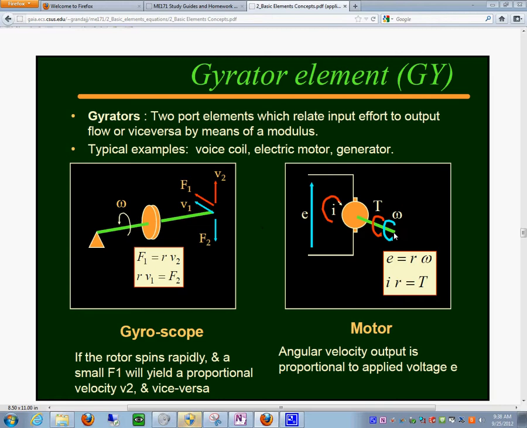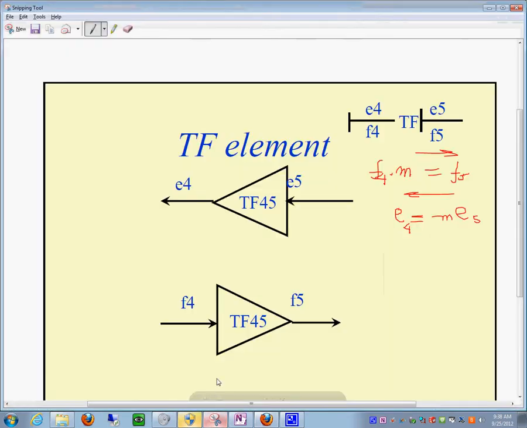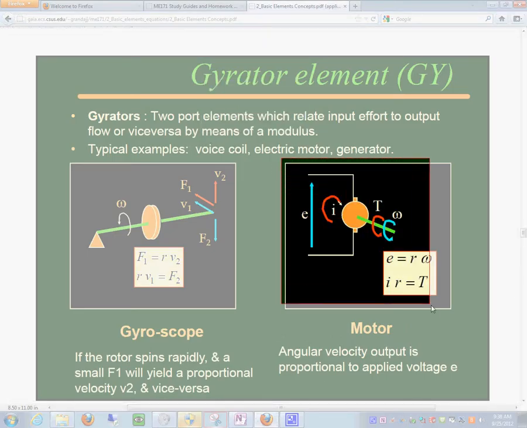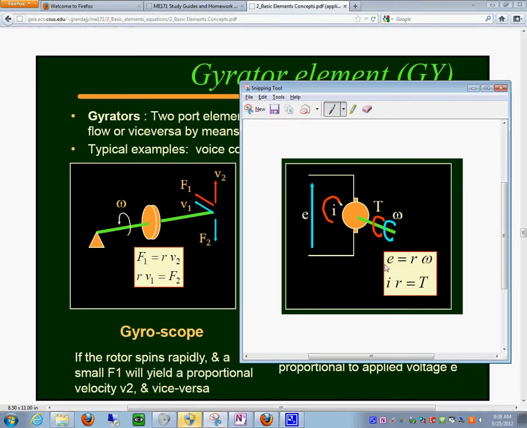For this case, F1 is the modulus of this gyrator times V2, or R times V1 is F2. When you have this kind of relationship, you need to realize that we have a situation, let's make some notes in here, where you see that this is the effort variable on this side, yeah?